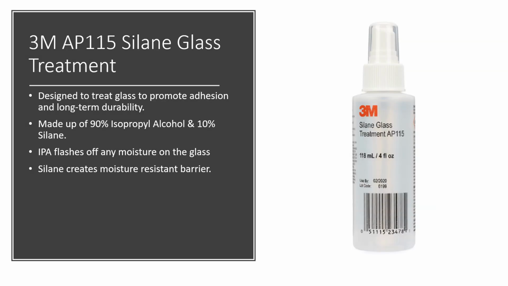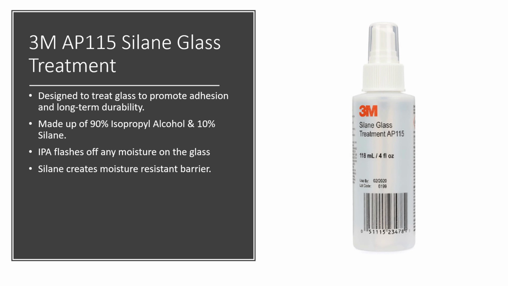AP115 silane glass treatment is a cleaner that's used only on glass. It's made up of 90% isopropyl alcohol and 10% silane. Glass in nature is hydrophilic. It allows moisture to collect.